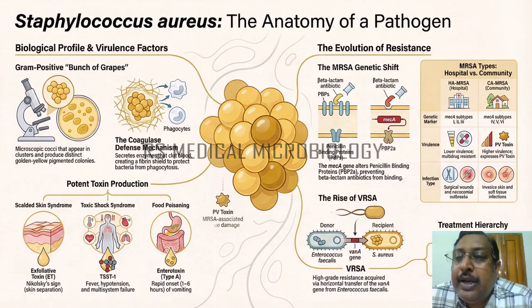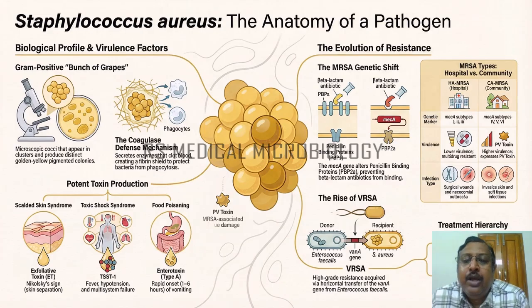You can classify MRSA into hospital acquired as well as community acquired MRSA. There are also slowly rising VISA and VRSA, where the gene has been taken from the Enterococcus species. Treatment wise, ideally for MRSA, vancomycin is the gold standard. Sometimes you can also use linezolid depending on your patient's condition.